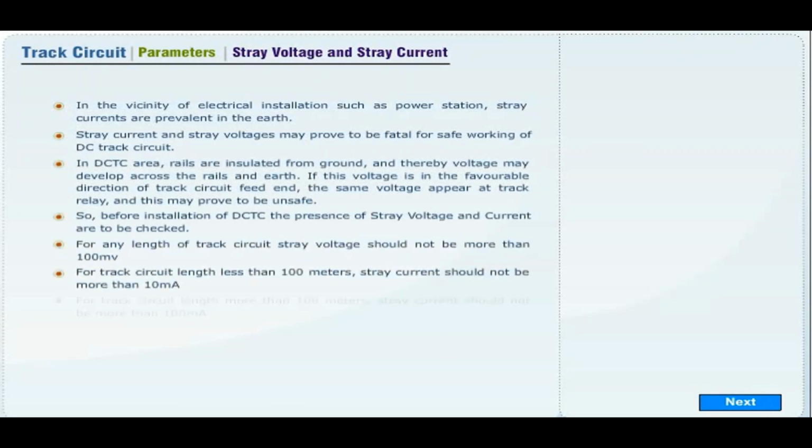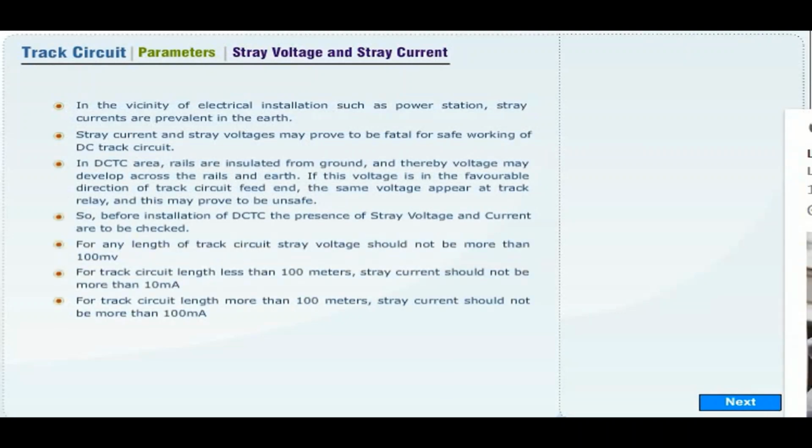Stray voltage and stray current. In the vicinity of electrical installations such as power stations, stray currents are prevalent in the earth. Stray current and stray voltages may prove to be fatal for safe working of DC track circuit.